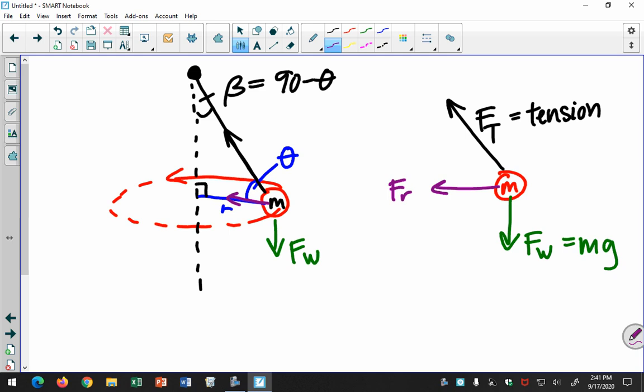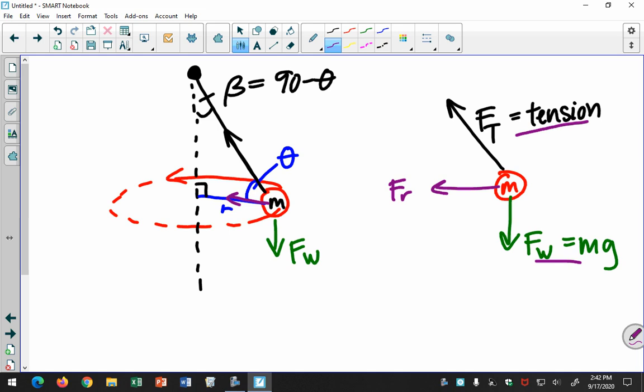Now, did I just make up that force? No. Centripetal force is not its own sort of category of force. It's whatever part of the real physical forces, in this case we have tension and weight, is center seeking. So what we need to do is to break our tension into its components.